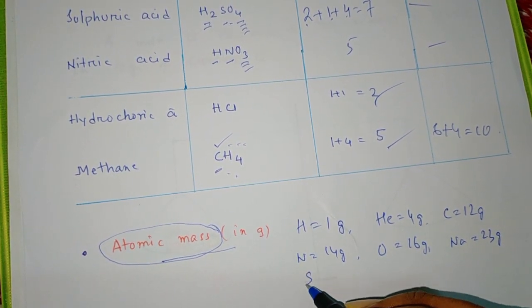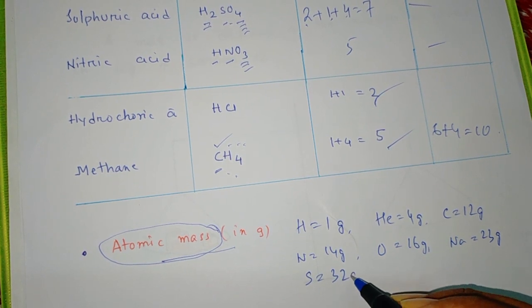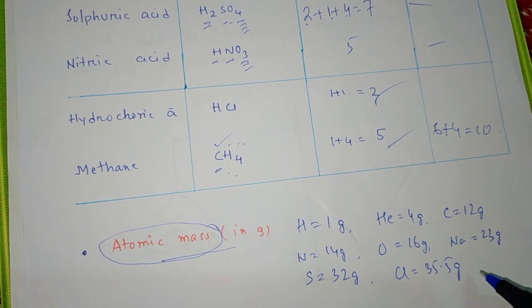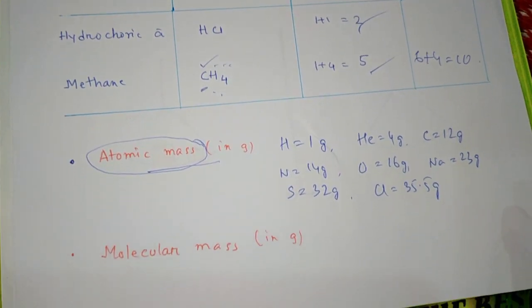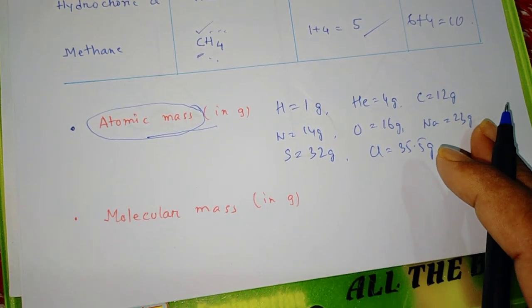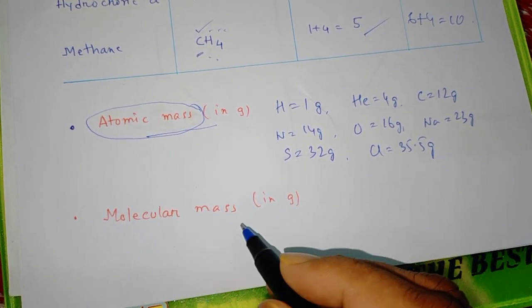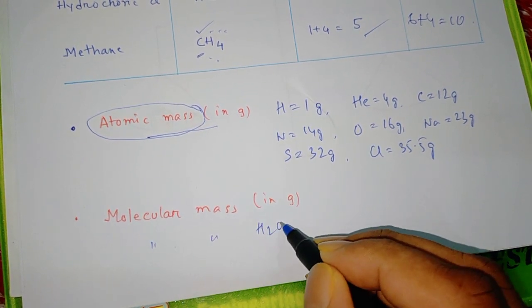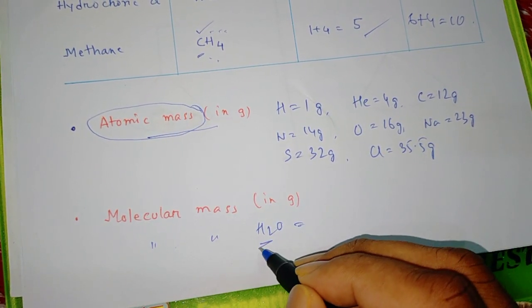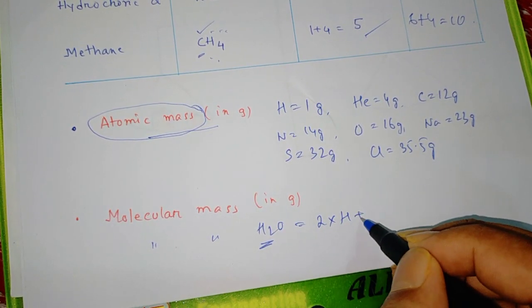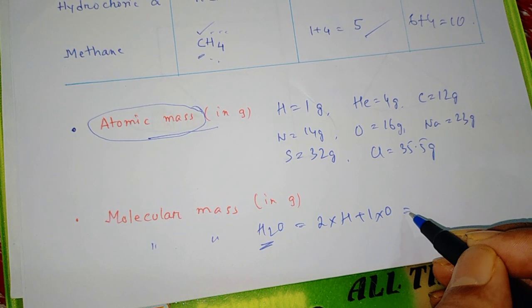Then we have sulfur 32 gram, chlorine 35.5 gram. So if we have knowledge of the atomic mass, by that we can find the molecular mass. For example, if you want to find the molecular mass of H2O in gram, how many hydrogens? 2 hydrogen, 2 into hydrogen, 1 into oxygen.